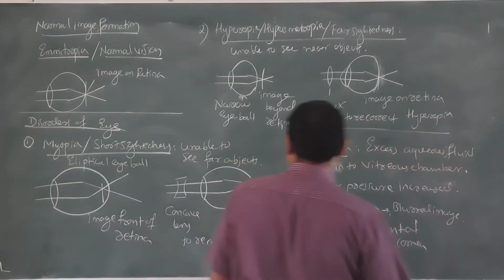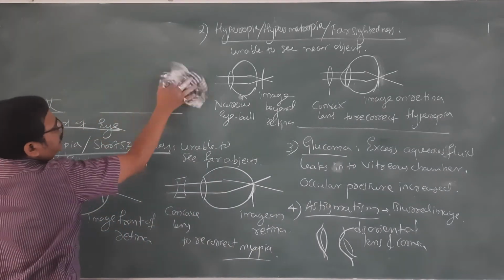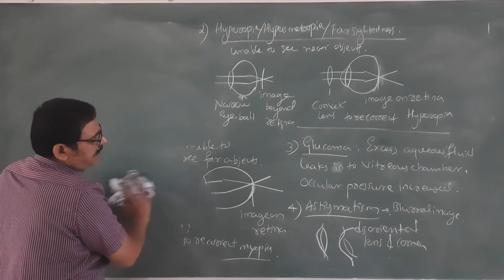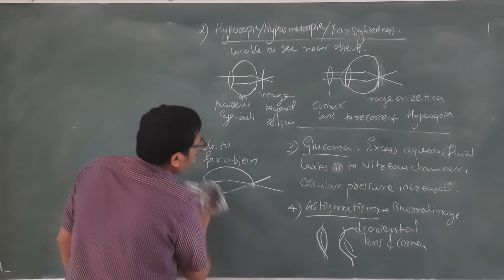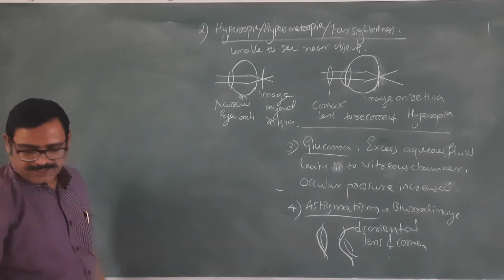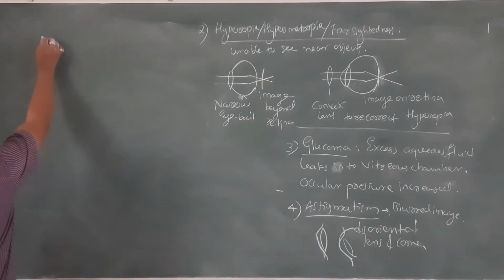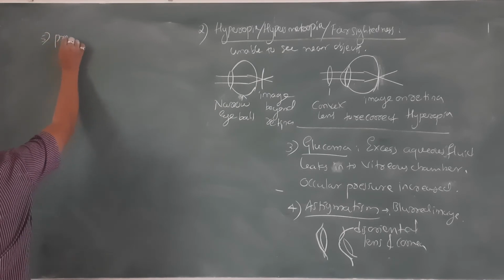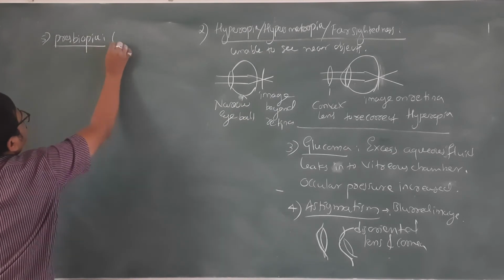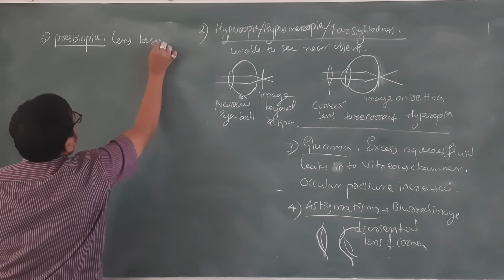Well, there are some other disorders. Let me mention those also. I hope you understood emmetropia, myopia and hypermetropia. Let me tell you the remaining disorder types. Number 5 is presbyopia. Presbyopia means the lens loses its elasticity.